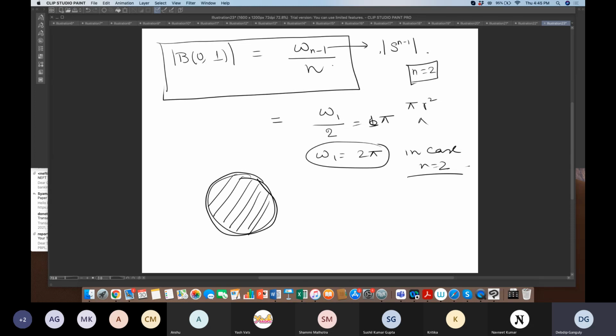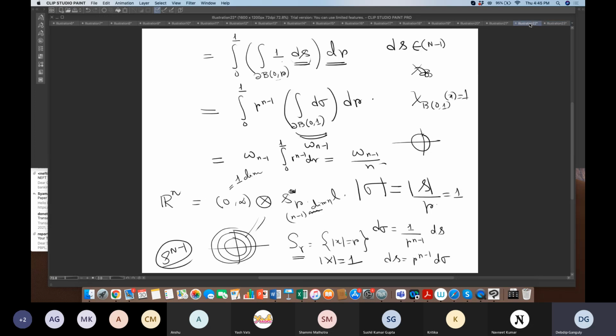Is that clear or not? Please tell, all of you. Anyway, when I do some examples, it will be clear. Don't worry. At least you should understand: R^n I am breaking like (0, infinity) cross S_R, right? So this is the main funda.